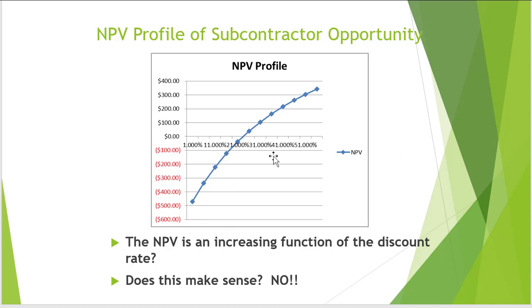As the cost of financing goes up, as costs go up, values go down. This is going in the opposite direction. So again, in this case, we can see that the internal rate of return is not the correct technique to use because it gives us an incorrect relationship between risk and value.